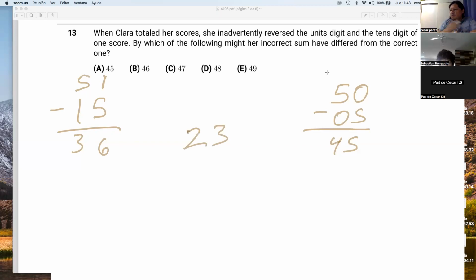So we are going to interchange the numbers. We will have 32. If we subtract this, what do we get? 32 minus 23.